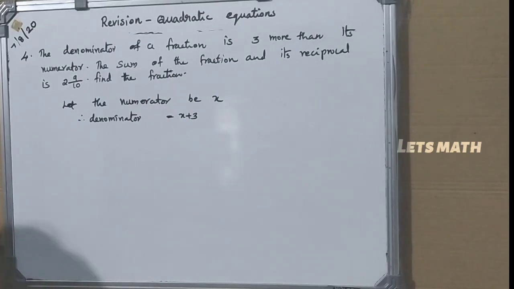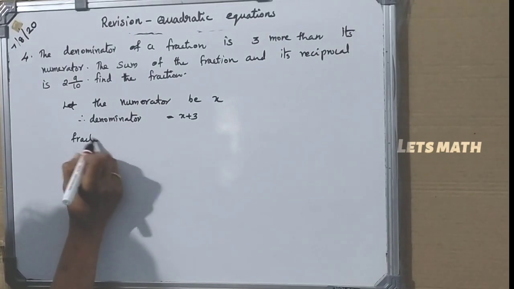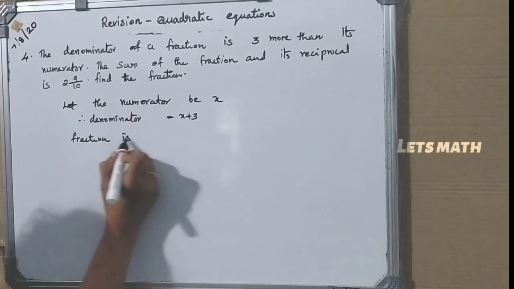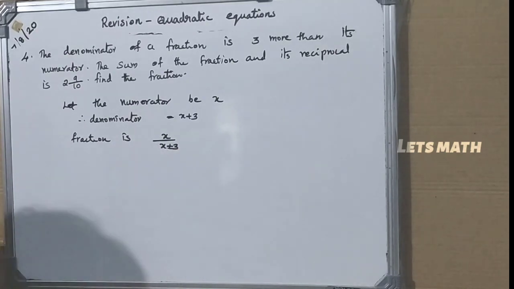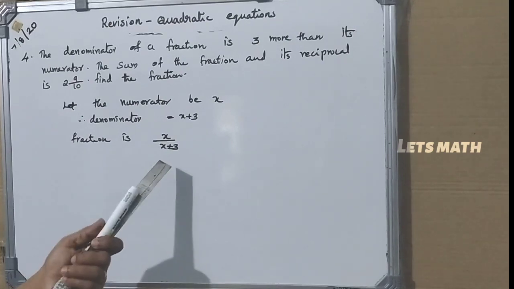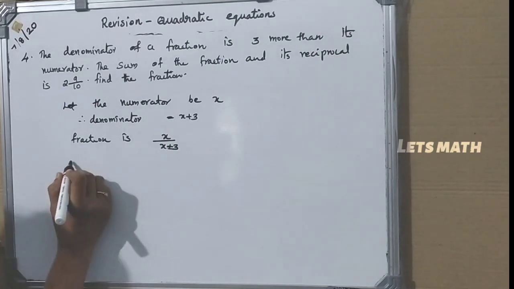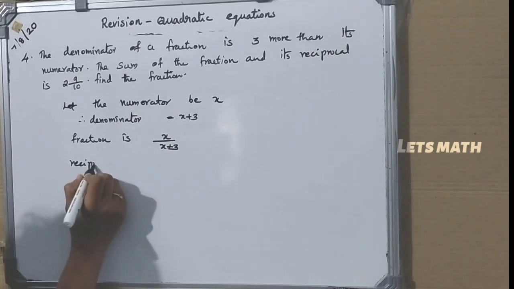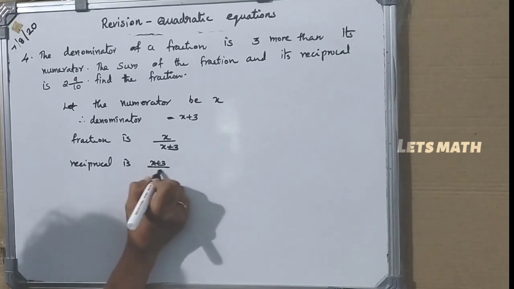Now according to the condition, sum of the fraction and its reciprocal. So what is the fraction here? The fraction is numerator divided by denominator, so the fraction is x by x plus 3. The reciprocal is x plus 3 by x.